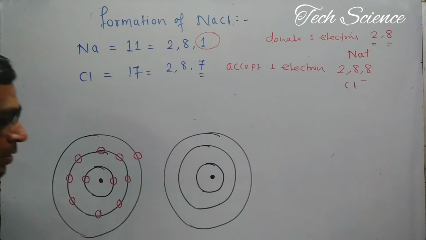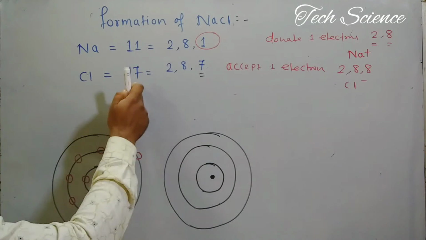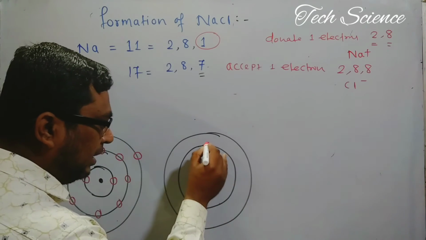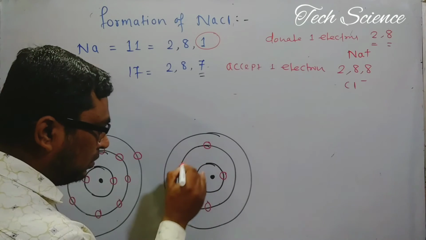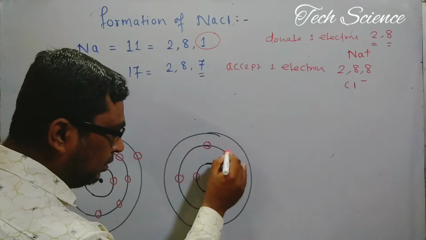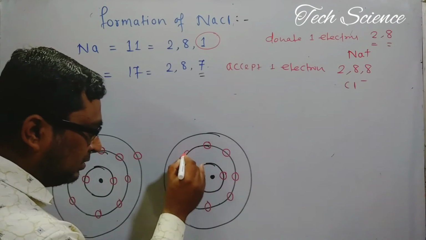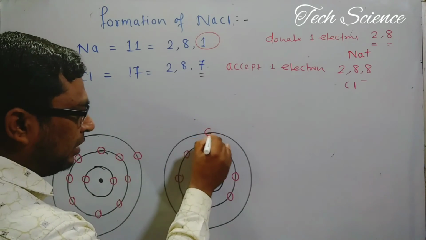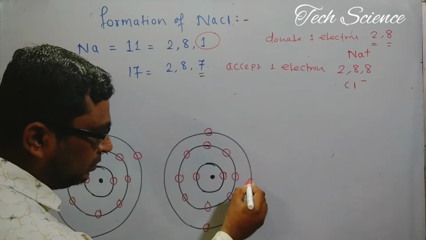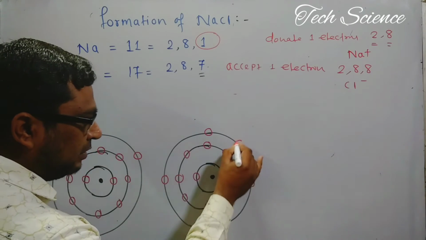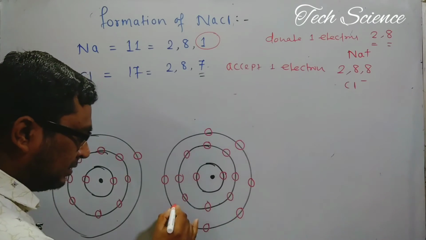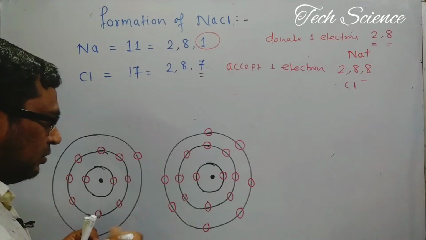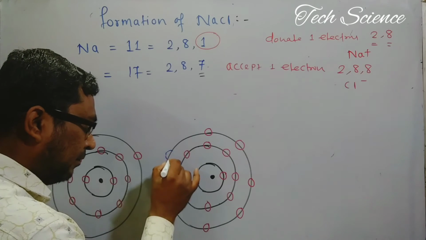Now again the electron configuration as per the atomic number 17: 2 in the first orbit, 8 in the second orbit, and in the last we have 7 electrons, 1, 2, 3, 4, 5, 6, 7, and here you want one more electron, which I have shown you with the help of the green.